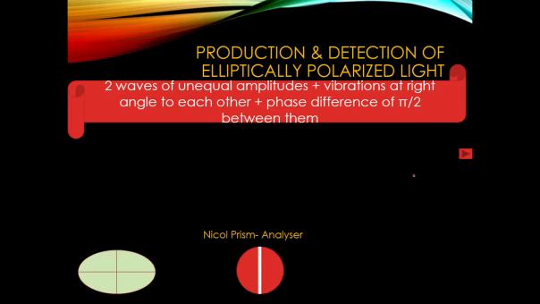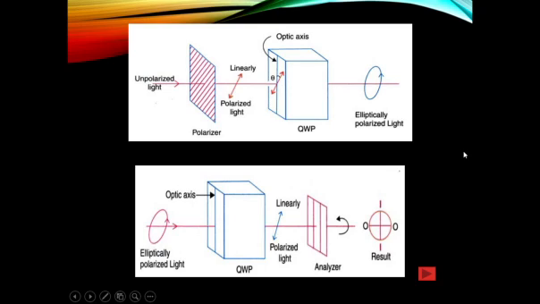So before that we can see that, let me show you this particular point. That is, this is the case. We have seen that the light was incident at an angle, making an angle theta with the optic axis.